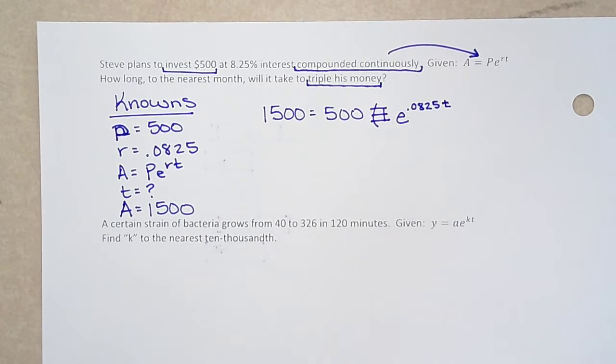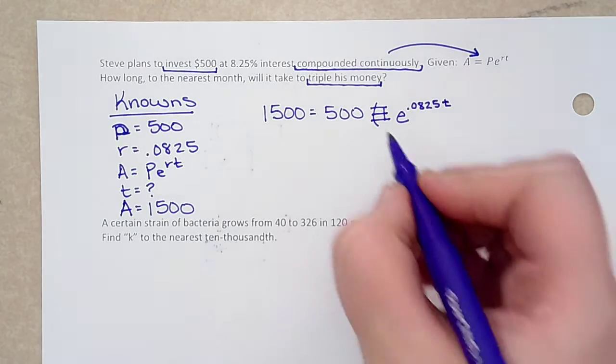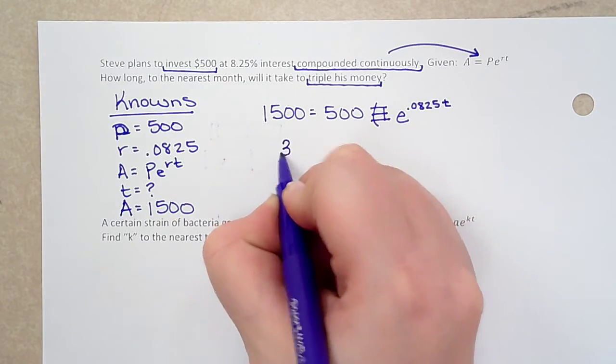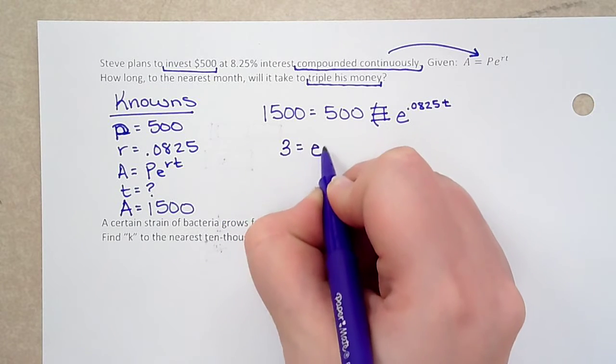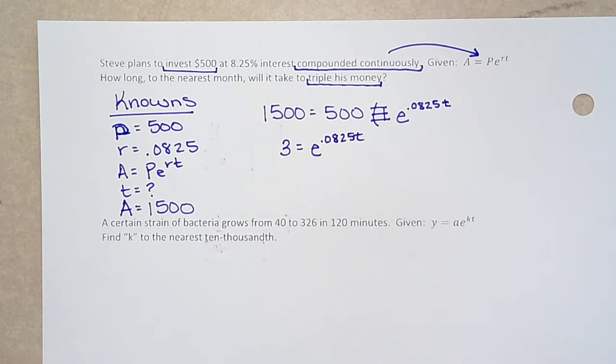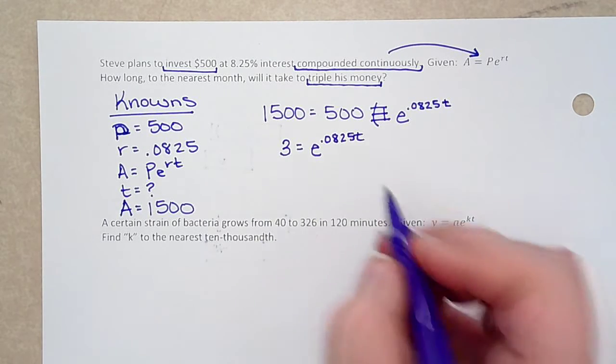Apologies for that little mix-up in the middle. I thought I was using my other formula. From here, it's the same solving. Divide both sides by 500, and we get 3 equals e raised to the 0.0825t.